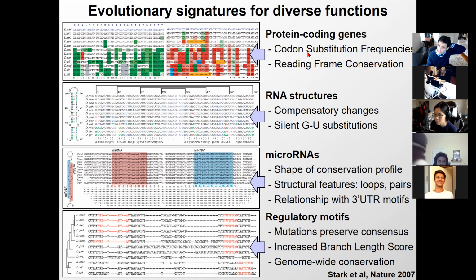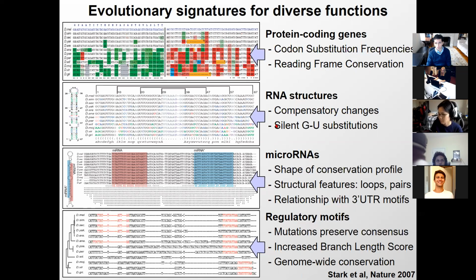So the first signature of protein coding evolution is codon substitution frequencies, and the second signature is reading frame conservation, namely a pressure to preserve the reading frame of translation, so that the gaps are always multiples of 3, here 6 and 3, as opposed to here 14, 7, and 17. So these are evolutionary signatures associated with protein coding function.